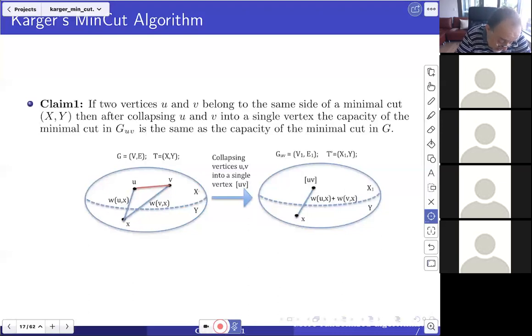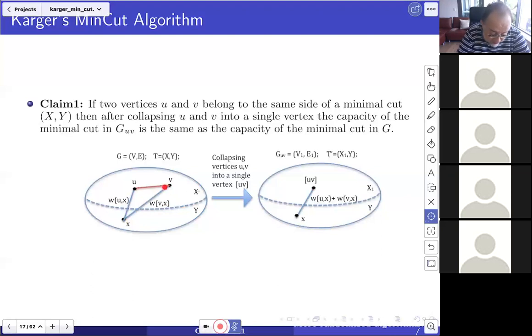But now, if you take any point on the opposite side of the cut, then of course the only edges that change are the edges that connect x either with U or V. But by our procedure, the two edges, one connecting x with U and the other connecting x with V, are replaced by a single edge with the capacity that is equal to the sum of capacities of the previous two original edges.